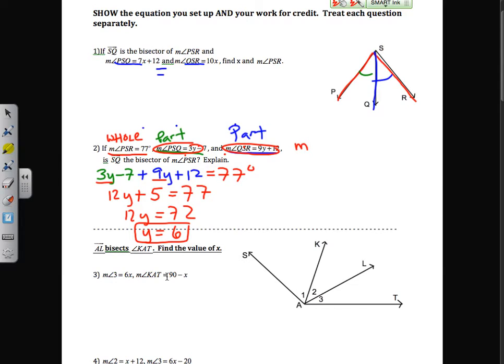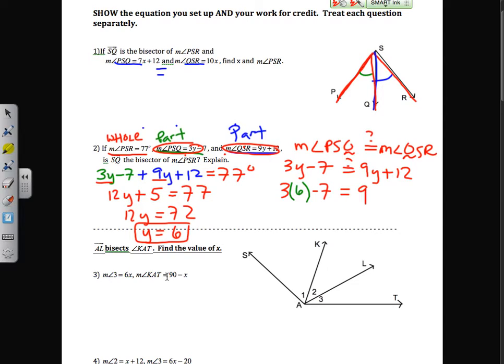The question is, does the measure of PSQ, the green, equal the measure of angle QSR? PSQ is 3y minus 7. Is that equal to 9y plus 12 for our value of y? So we'll substitute 6. 3 times 6 minus 7, is that equal to 9 times 6 plus 12?